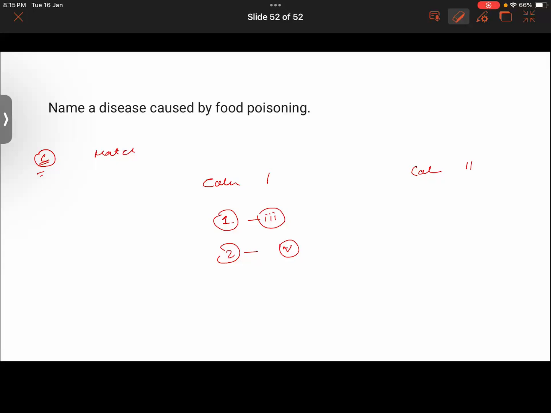Sir, both. No, the given options are correct. There is no issue in that. Have a look at all the options given in column 1. Okay, then it's there. It's correct there. Okay, sir.